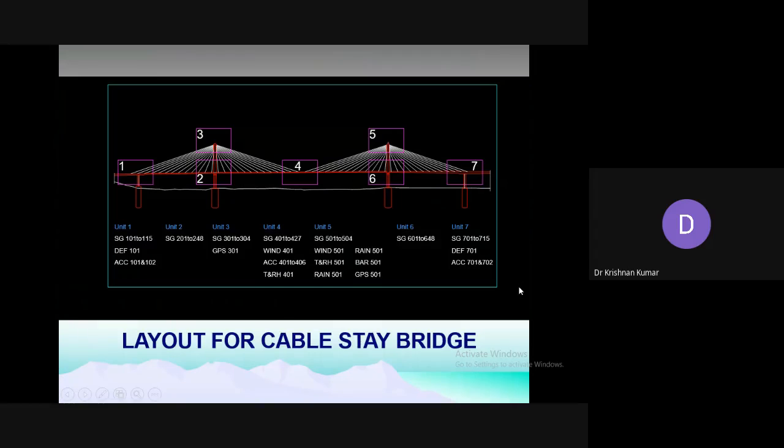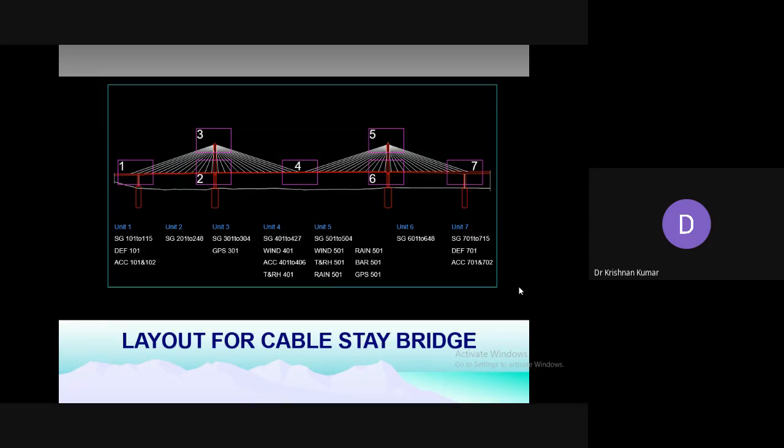Now these are the different kinds of sensor distributions in each unit. In unit 1, we have SG, that is strain gauges. There we have used vibrating wire strain gauges. 15 strain gauges we have used in that. All the strain gauges were embedded into the concrete. And the deflectometer is used outside the concrete to measure the linear expansion.